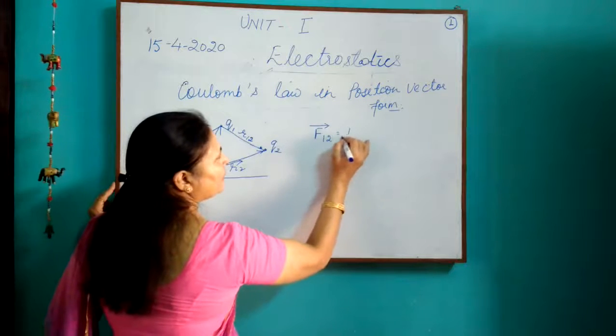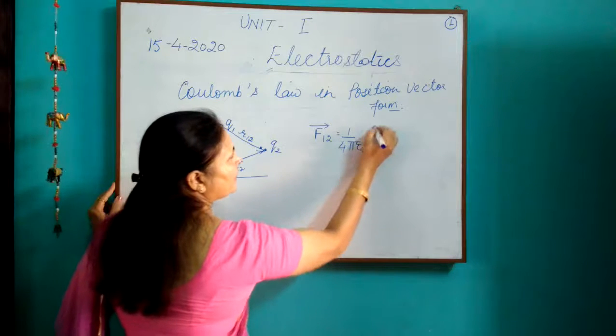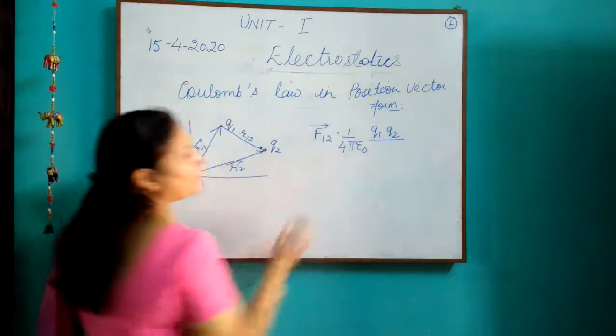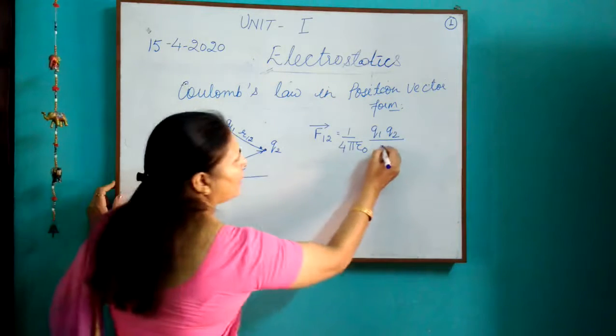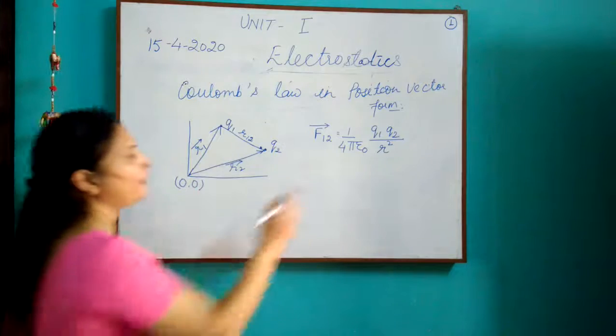So this will be, as we did earlier, 1 by 4 pi epsilon naught Q1 Q2 upon R square. This R is to be replaced by position vector now.